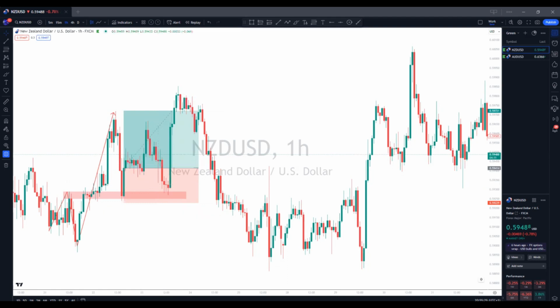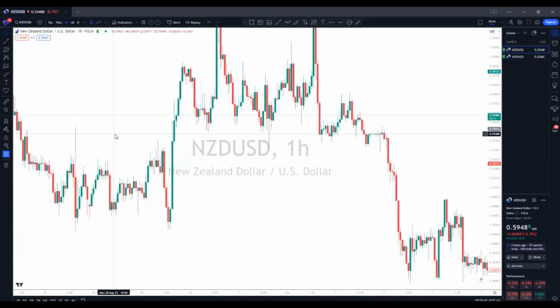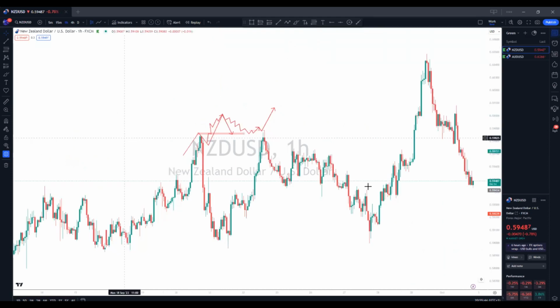Boss, please explain using the fib with market structure. Okay, we just have 6 minutes. Let me look for a fib entry and then explain it.